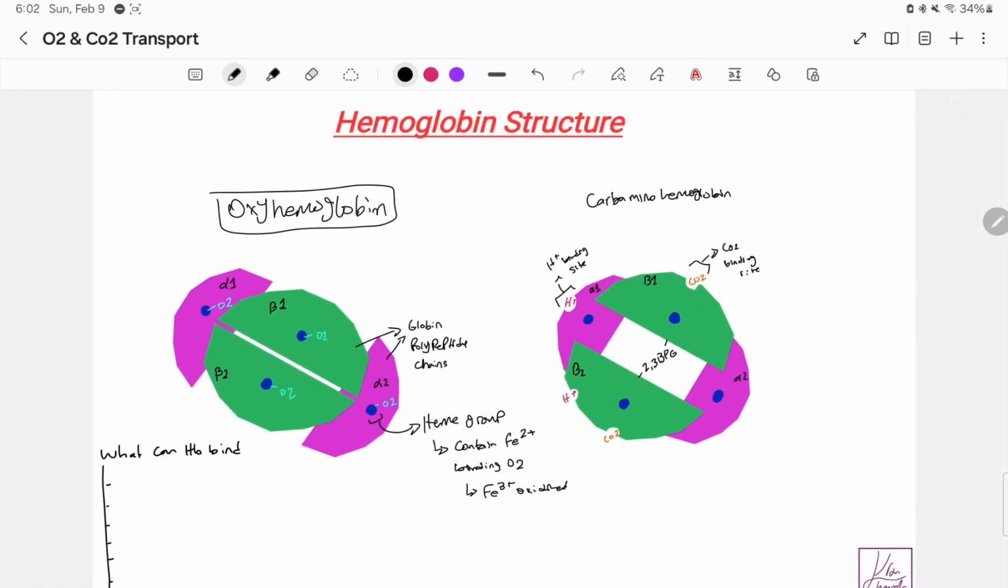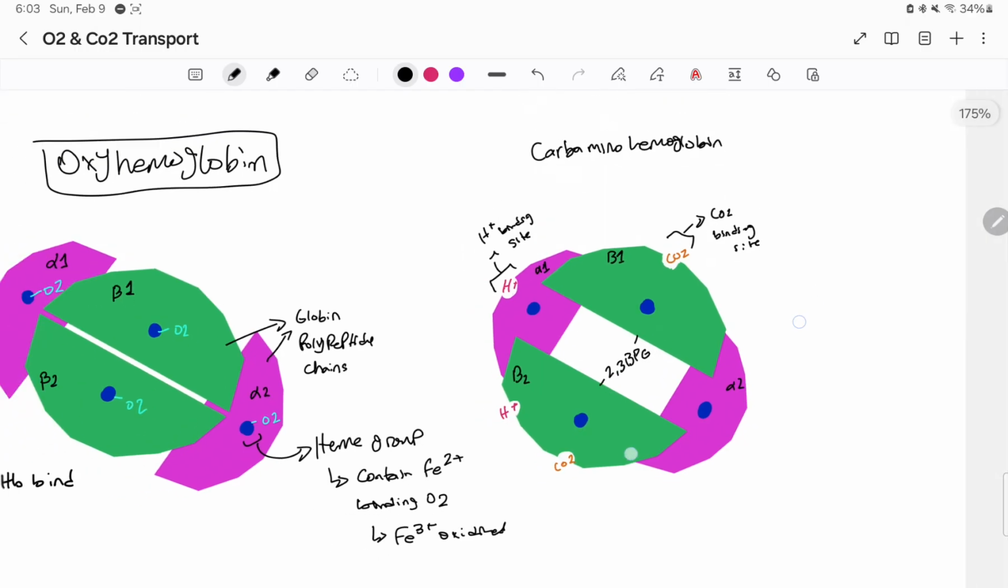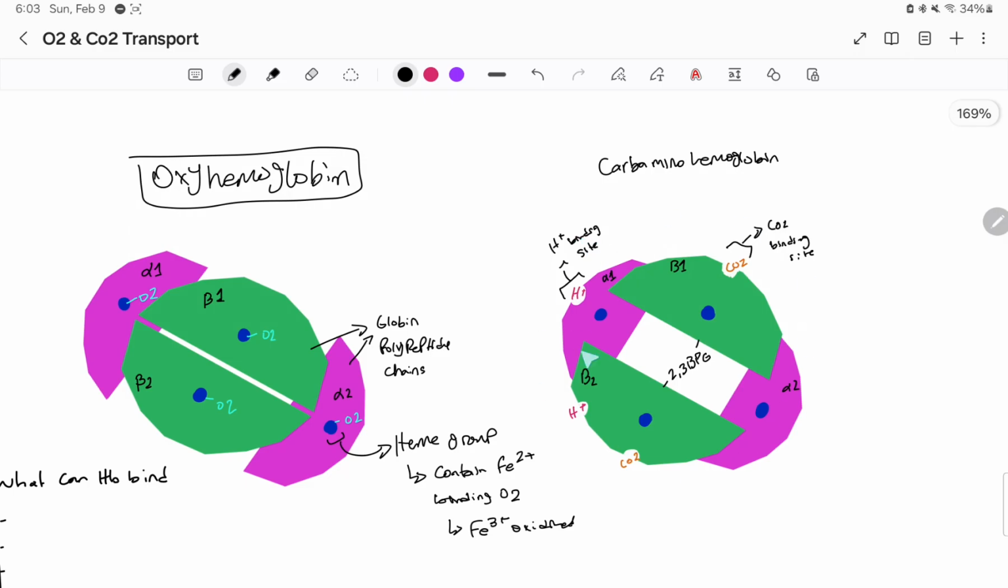Now, if you remember from the previous video, on top of the protons and the CO2, I said two other things can affect the way that this hemoglobin molecule is functioning, and one of them was high amounts of 2,3 BPG. This 2,3 BPG, very briefly, is going to bind to hemoglobin and make sure that it stays in this exact configuration.